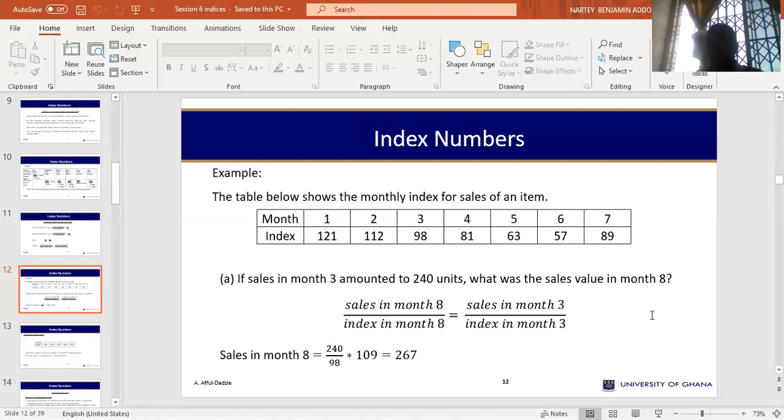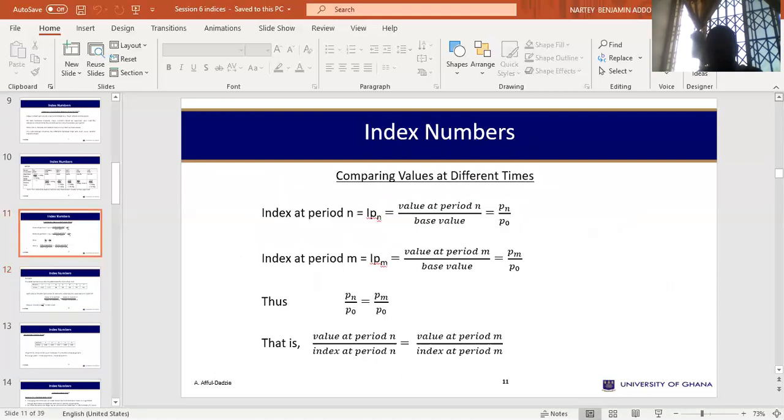Okay. What was the sales value in month 8? We don't have month 8 in the table, but we are being asked to compute the sales value for month 8. So using what we have just described, the model: value in month n over index at period n will be value at period m over index at period m.